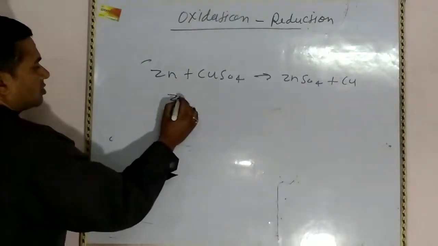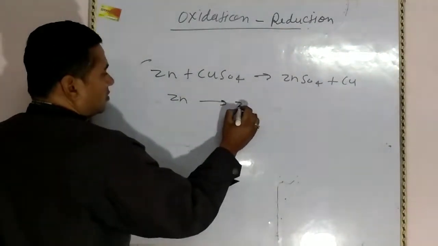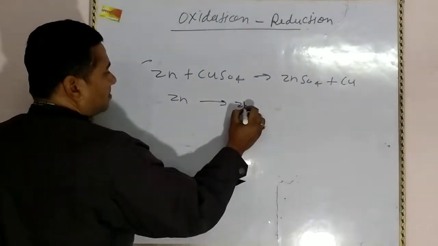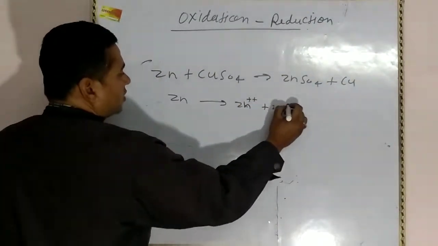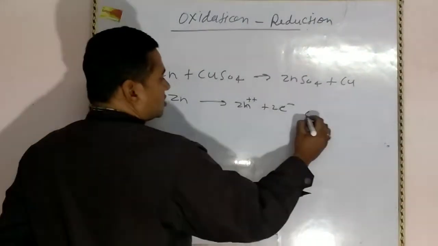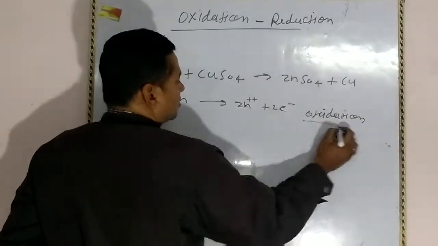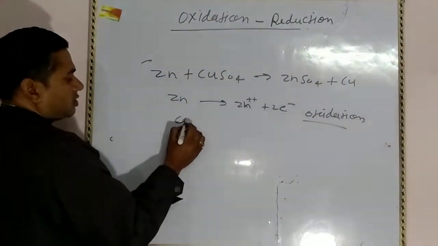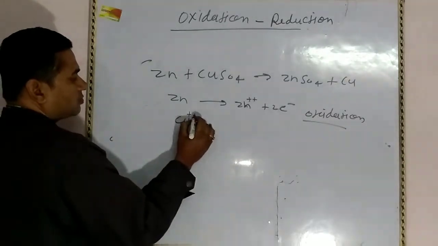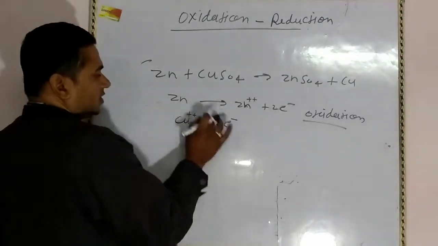So here Zn forms Zn++ and 2 electrons are removed. So this is oxidation because electrons have been removed from Zn, and here Cu++ gains 2 electrons from Zn.